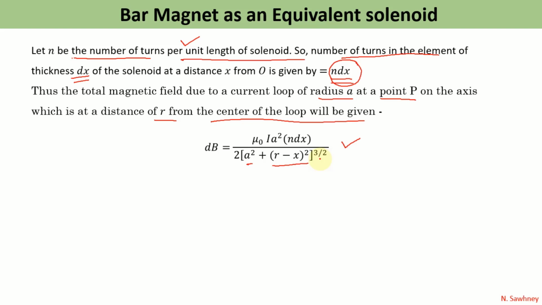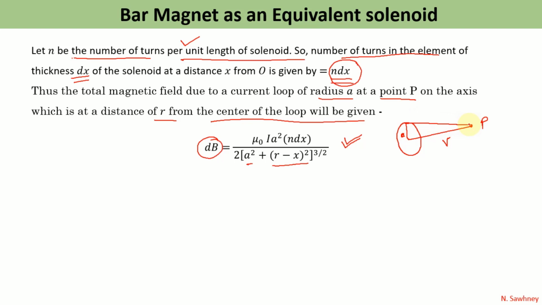So definitely at point P, the magnetic field will also be small. So that small magnetic field is written as dB. And we have obtained this expression from our previous video when we considered a current loop and tried to find the magnetic field at point P, which is at a distance r from the center of the loop having radius a.